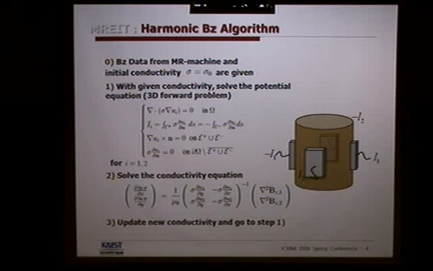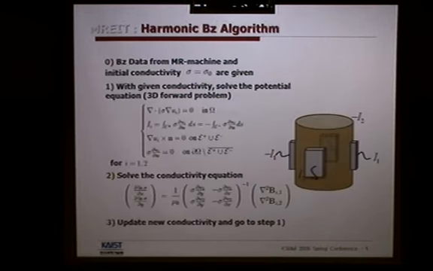We have two sets of currents, so we have two electric potentials. Using those, we find these equations and find the sigma. Then we go back here: from that updated sigma we find the electric potentials and use them again to update the sigma. This is the basic harmonic BZ algorithm.